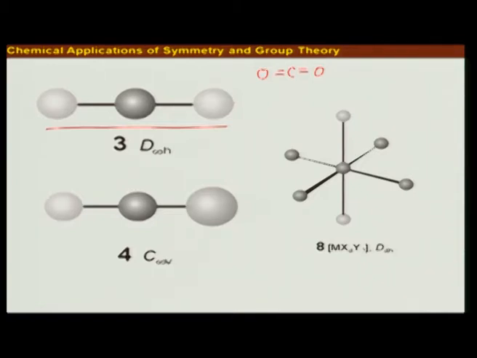Now one more feature is that I have a plane which is perpendicular to this principal axis, a sigma plane perpendicular to this C axis, where the C axis is particularly C infinity. We have discussed in one of our previous classes that there are infinite rotations possible along this axis. So this molecule belongs to D infinity H.